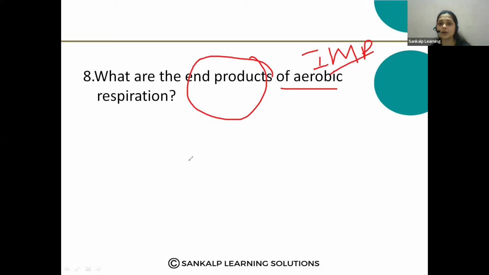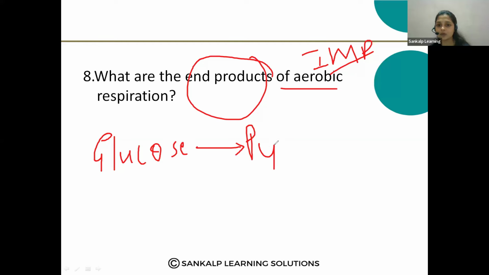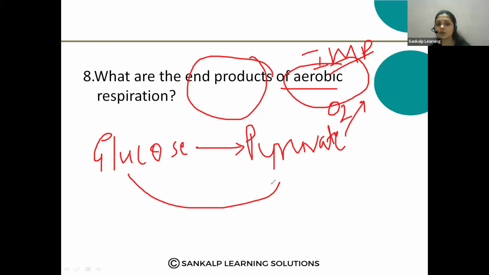In aerobic respiration, glucose is converted into pyruvate in the presence of oxygen. Aerobic respiration means that in the presence of oxygen, glucose breaks down and gives energy.